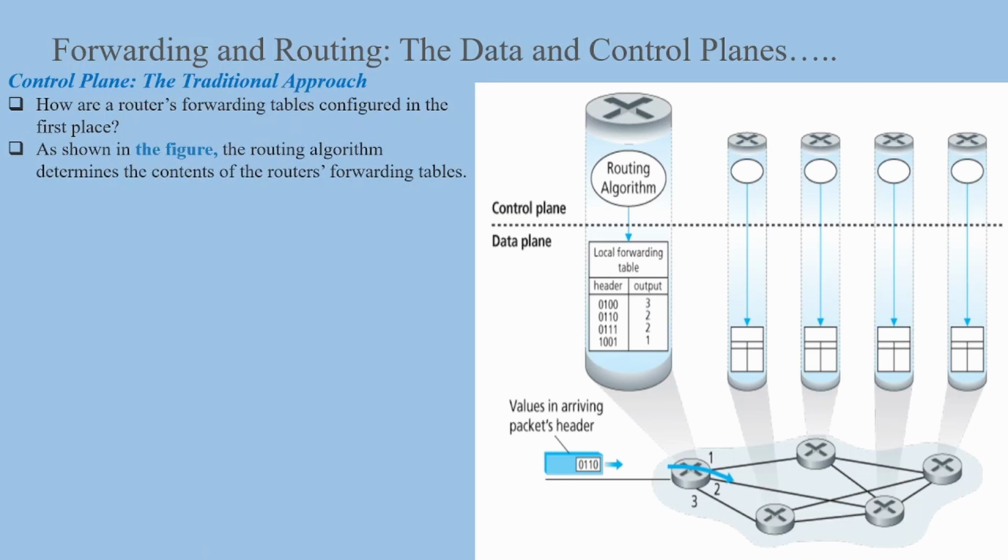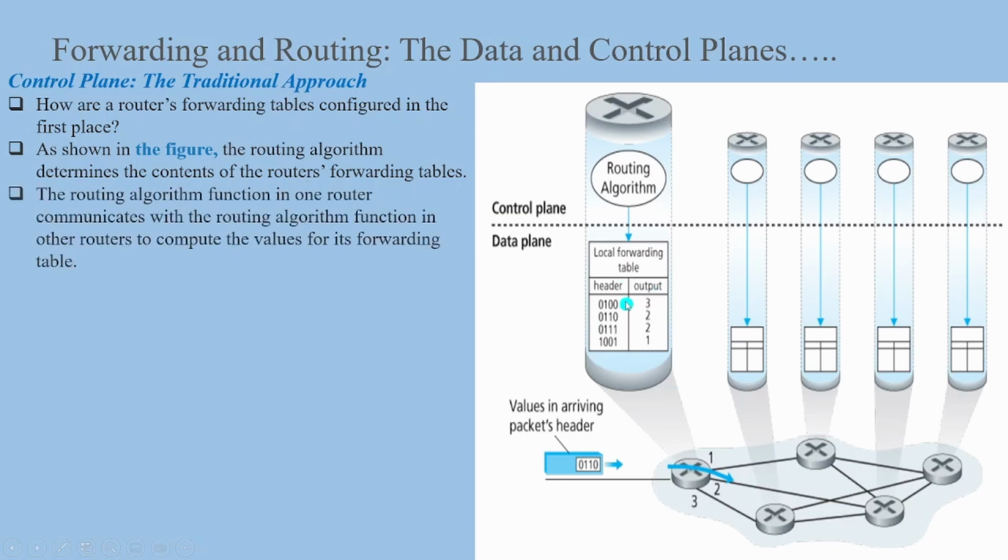As shown in the figure, the routing algorithm determines the contents of the router's forwarding table. In this example, routing algorithms run in each router, and both forwarding and routing functions are contained within a router. The routing algorithm function in one router communicates with the routing algorithm function in other routers to compute the values for its forwarding table.